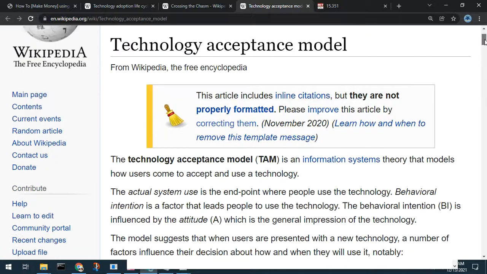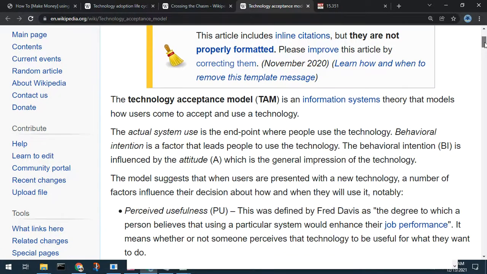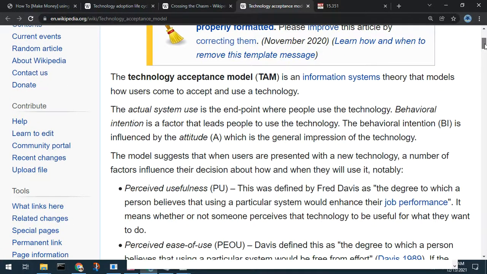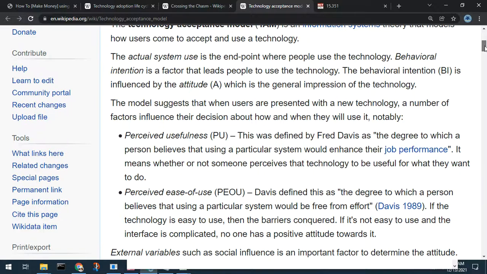The reason I wanted to point that out is just a couple additional variables that will hopefully help you evaluate when you're doing due diligence on an investment, on a company, a product, a technology. How do you evaluate whether it's going to be able to cross that chasm? I think these variables are helpful.